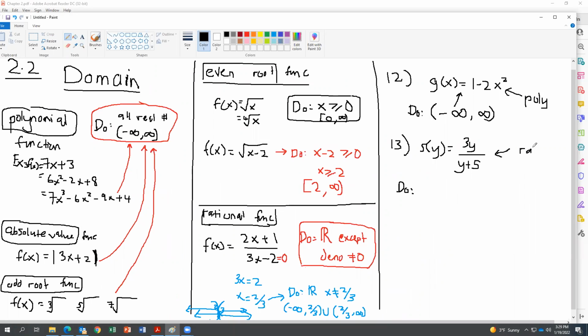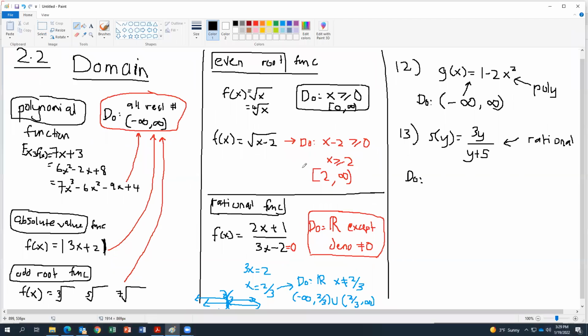And how do we figure out the domain here? Which is like what we just did over here. You set the denominator equal to 0, and you have to solve for y. So can someone tell me what is your value for y in this case?